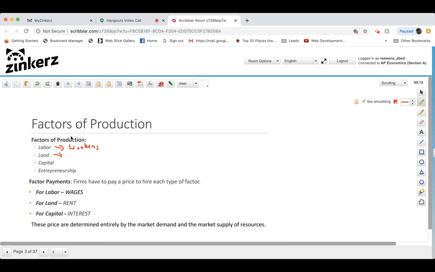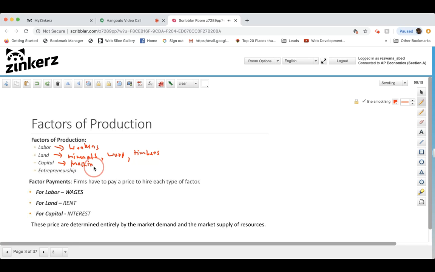It could be minerals, wood, timber. So any natural resources that you can use to make goods and services. And we also talked about capital, which we said were what?